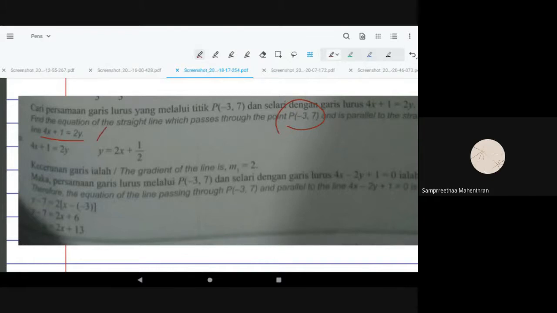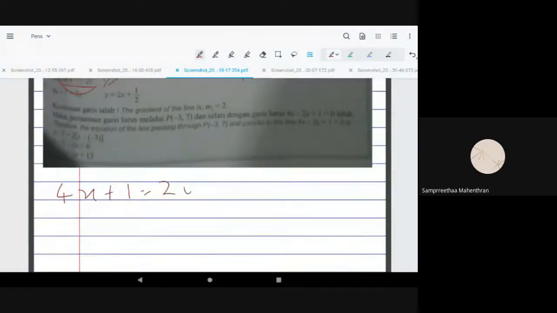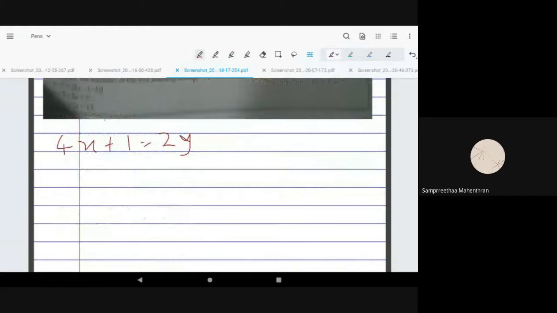we must find first our y = mx + c. We must find the gradient for the second line. So we have 4x plus 1 equals 2y. We want to change into y = mx + c.